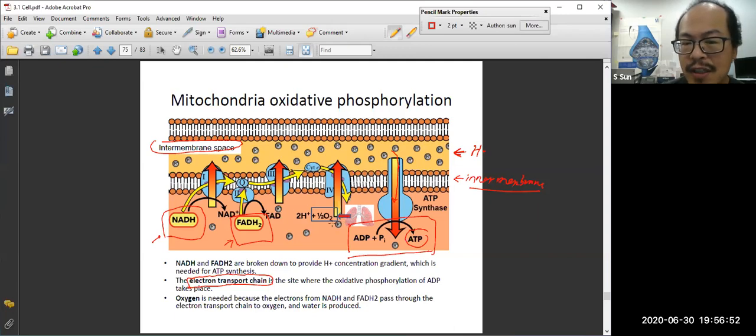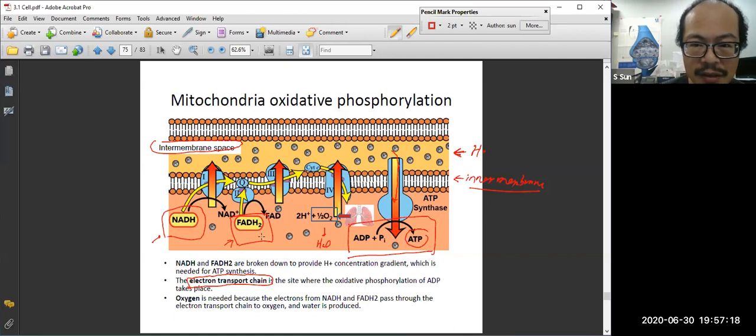So without it, we cannot. And the product of it is H2O. So this one will produce H2O. So we need oxygen to receive this electron. And the major players here are NADH and FADH2.